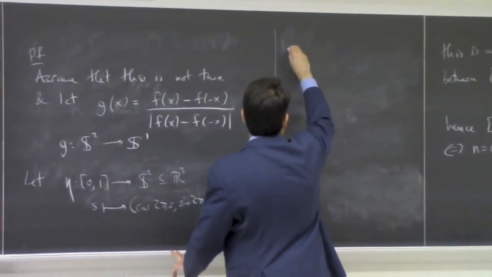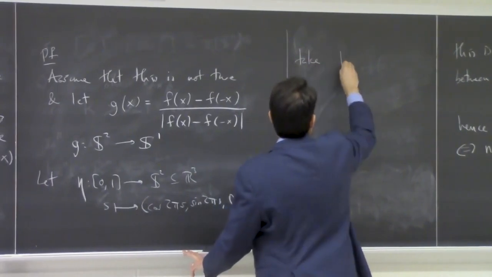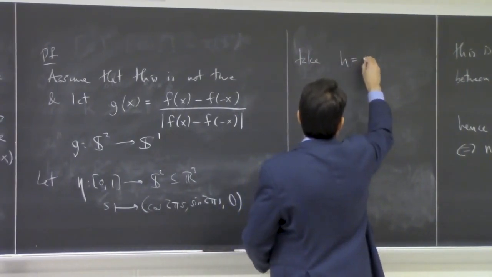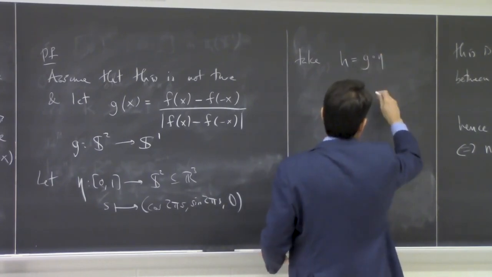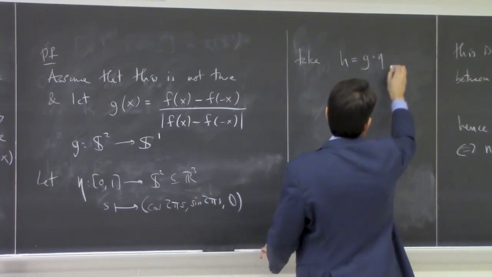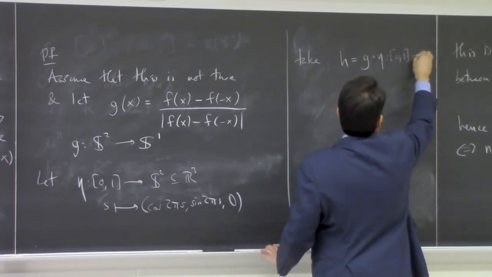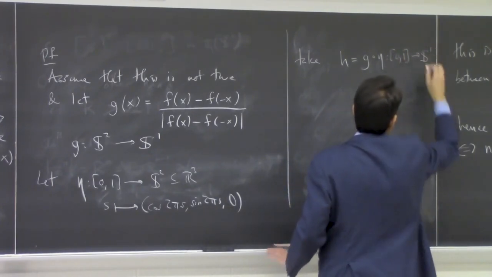And take H to be G composed with eta. So now this is a path, 0, 1 to S1.